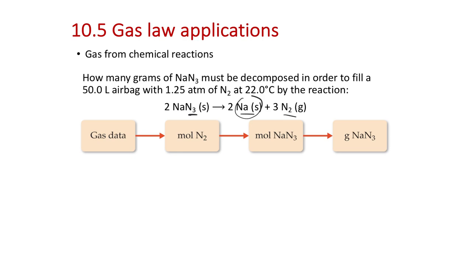But you could ask the question, how much sodium azide do you have to have decomposed to fill a 50-liter airbag with 1.25 atm of nitrogen at 22 degrees C, using this reaction to produce the nitrogen? The idea is that we relate how much nitrogen we need to fill the airbag. We use the ideal gas law to find how many moles of nitrogen we need.